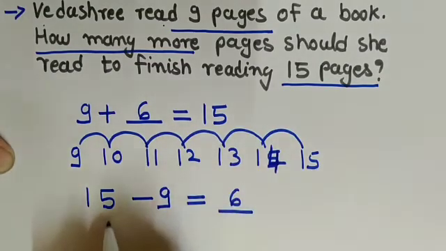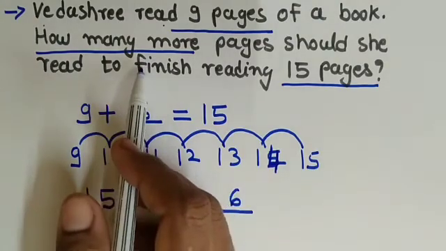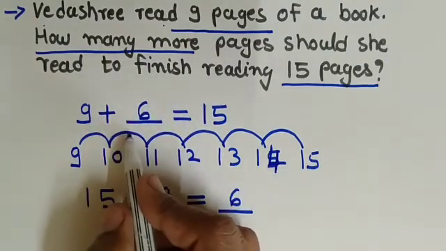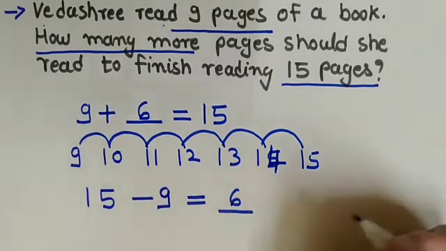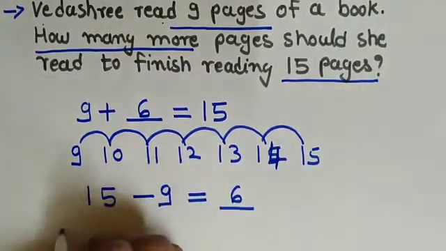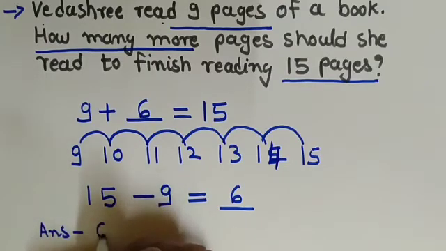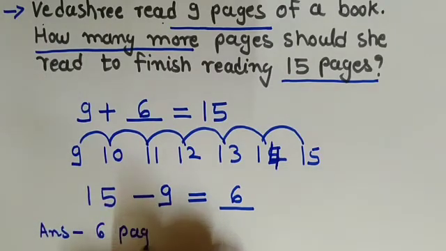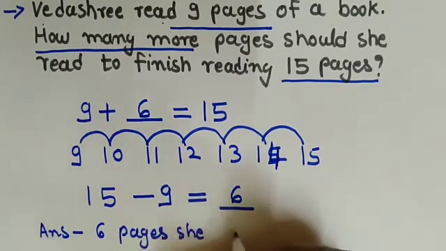So here we can solve this problem with the help of addition also and with the help of subtraction also. We will get the same answer for this question. Means here we get the answer 6 pages. She has to read more.